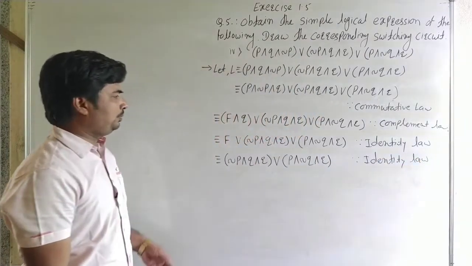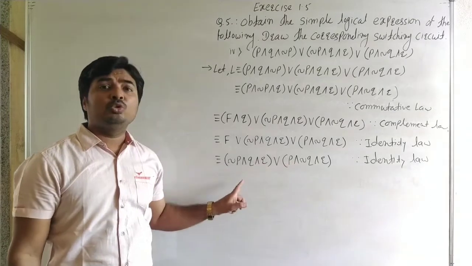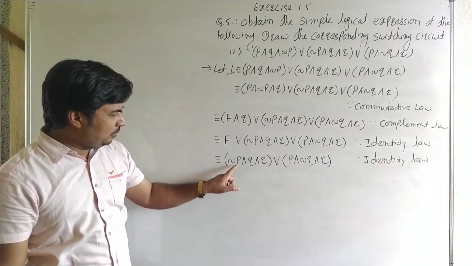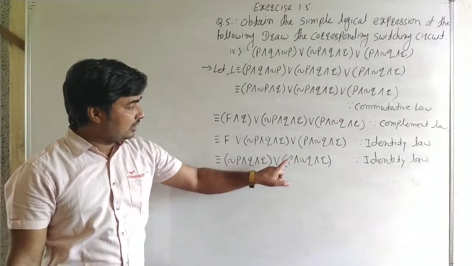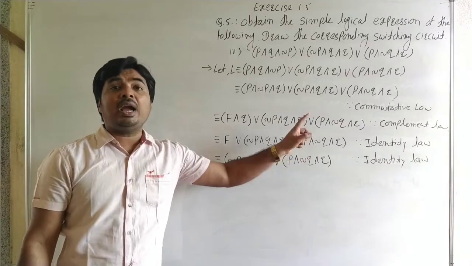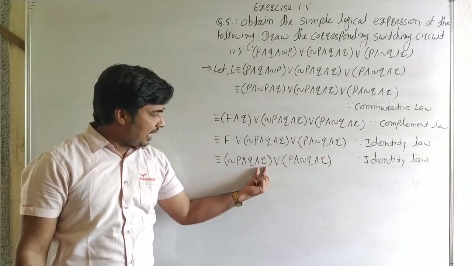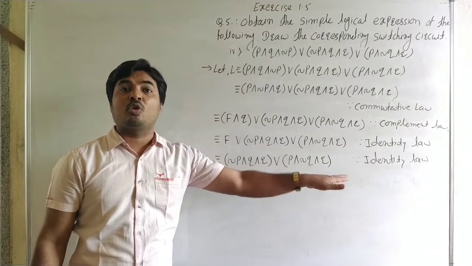Now see these two brackets here, negation P and Q and R, P and negation Q and R. Now here we take R common.